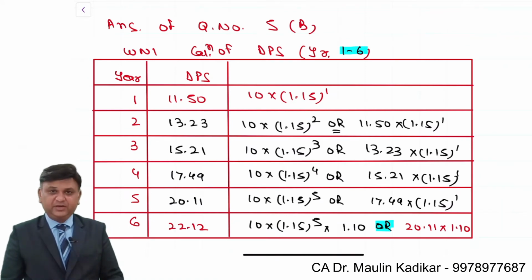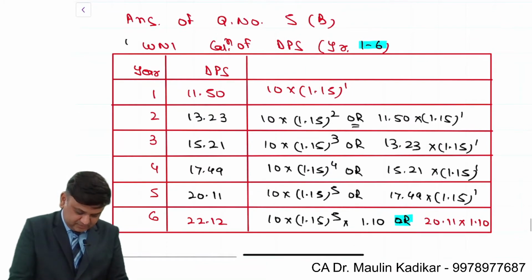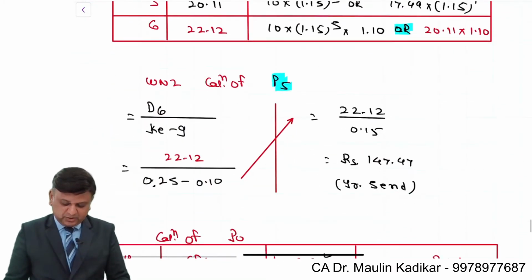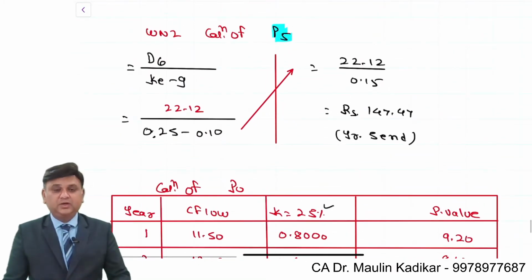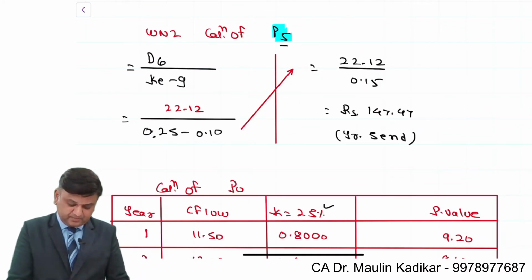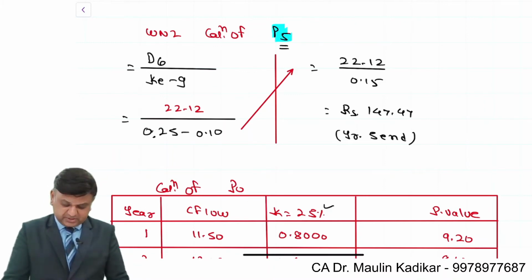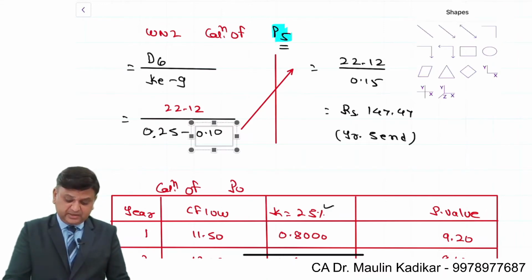Giving a small clarification: when we were doing the first part of the question, at that point of time, investor was selling the security at the end of the 5th year. And 6th year onwards for perpetuity, the growth rate was 10%. So for the purpose of P5 calculation, directly you can apply this formula.